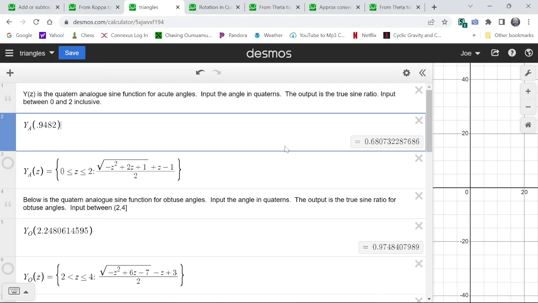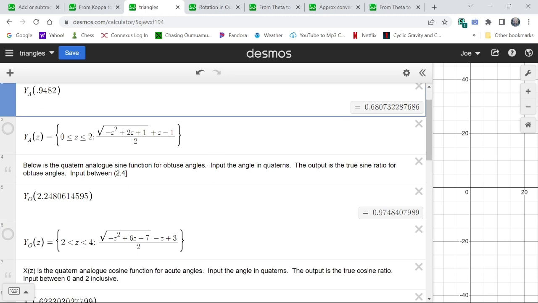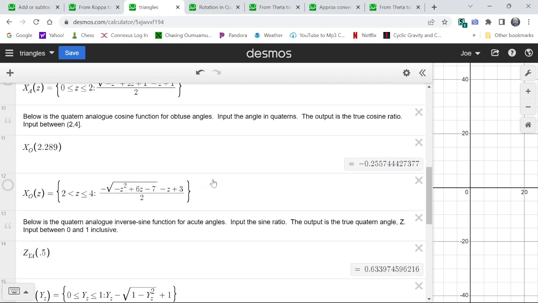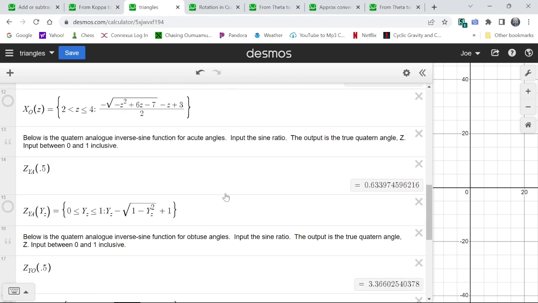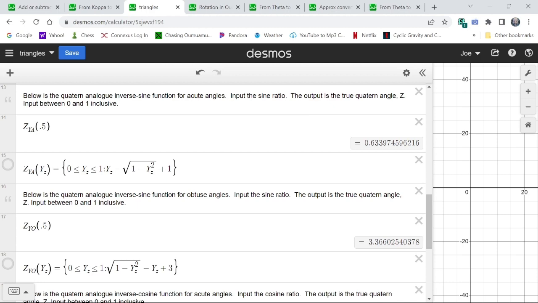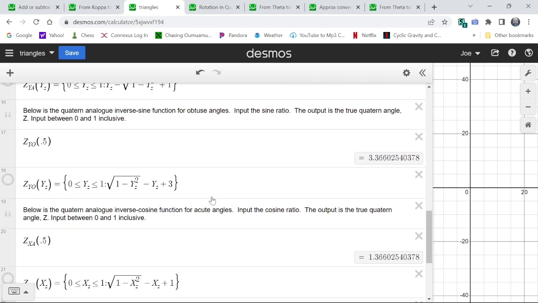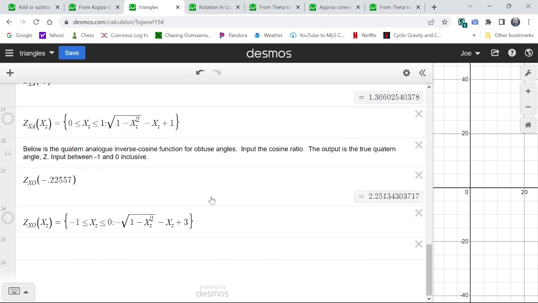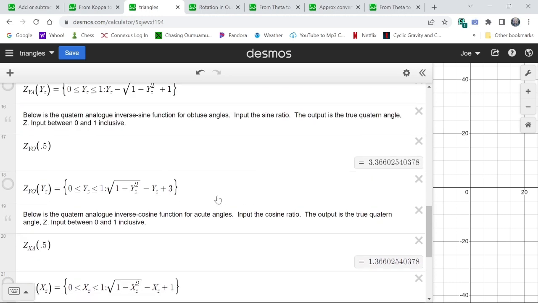Now, since we have the online calculator, we will use that. And I have the inverse trig functions down here below. Okay, so if I go down here, I can find the inverse trig for y.